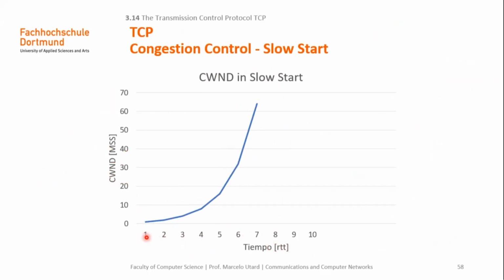In the first round trip time, we double from 1 to 2, after from 2 to 4, from 4 to 8, from 8 to 16, from 16 to 32, and from 32 to 64. And this is typically an exponential increase. And this is typically the slow start phase.